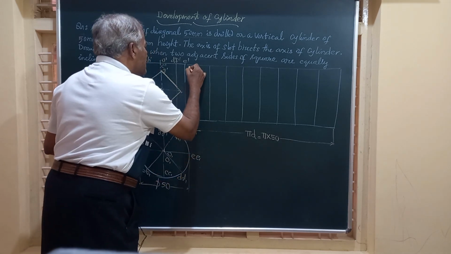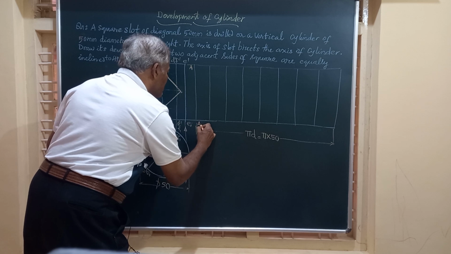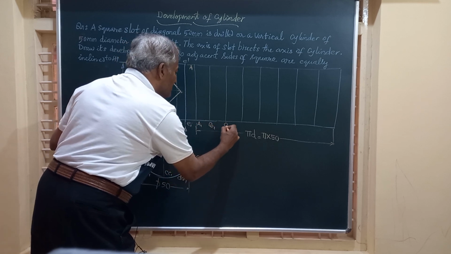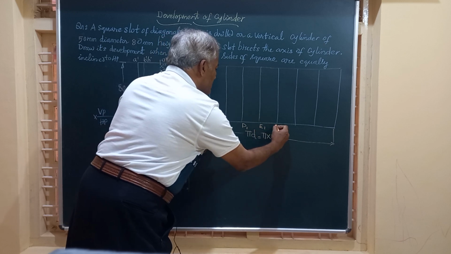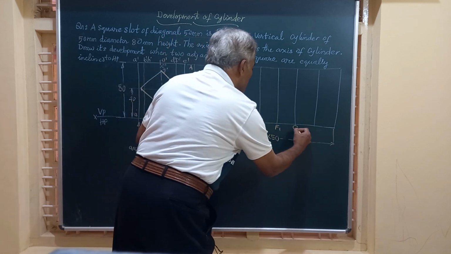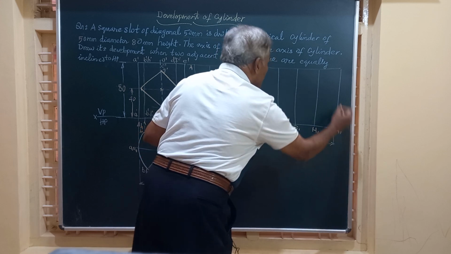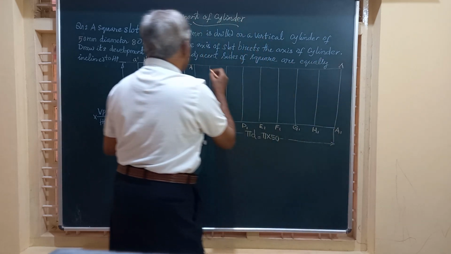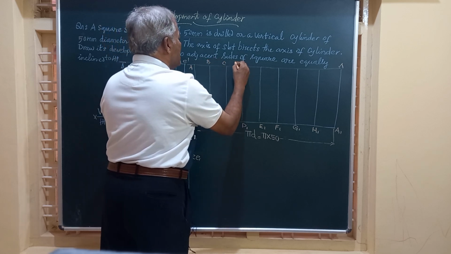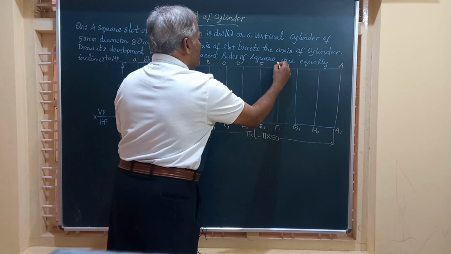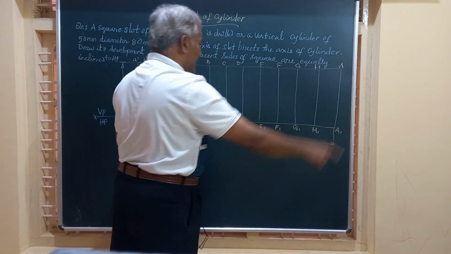It commences from A1, then B1, C1, D1, E1, F1, G1, H1, and again A1. This is A at the end. The same way we can mark B, C, D, E, F, G, H and A.